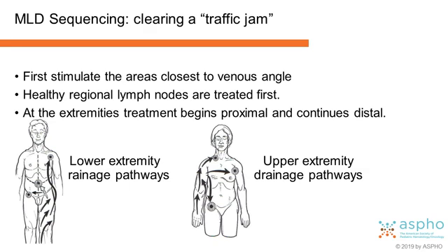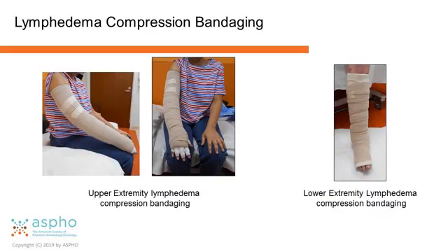In the picture of the lower extremity pathway, you can see that there's actually a diagonal in the lower extremity there, and understanding that diagonal and where that runs is an important part of being able to produce that manual therapy correctly.